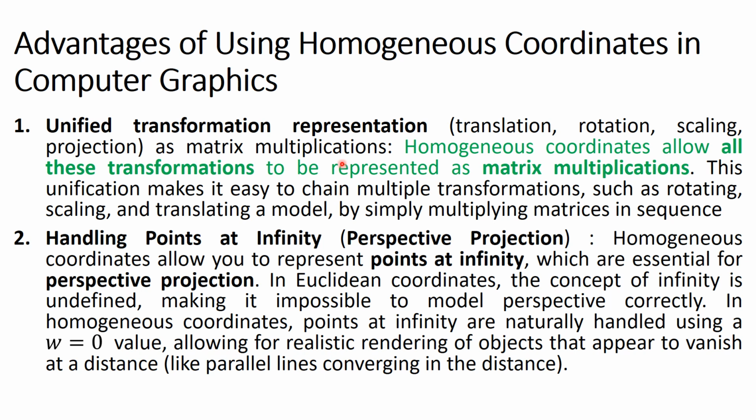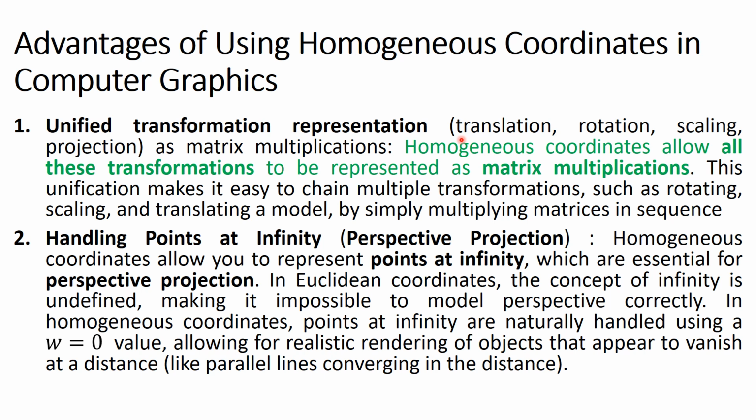Advantages of using homogeneous coordinates in computer graphics. First, they allow for unified transformation representation. Translation, rotation, scaling, and projection can all be represented as one matrix.